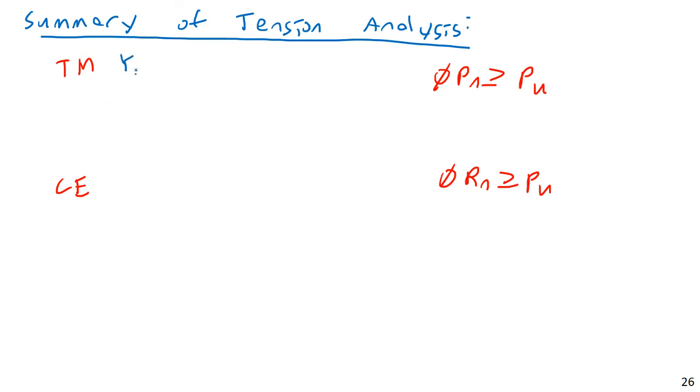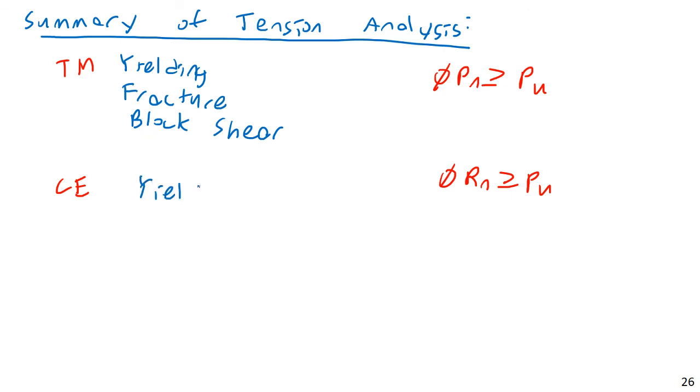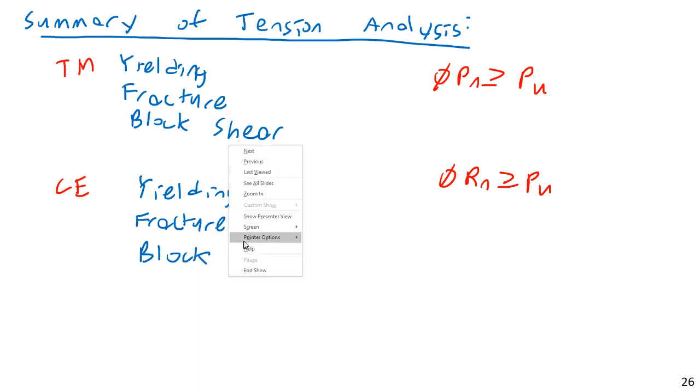For the tension member: yielding, fracture, and block shear. And the same for the connecting element: yielding, fracture, and block shear. If you know how to do all of these, then you'll be up to date in terms of our tension member analysis lectures.